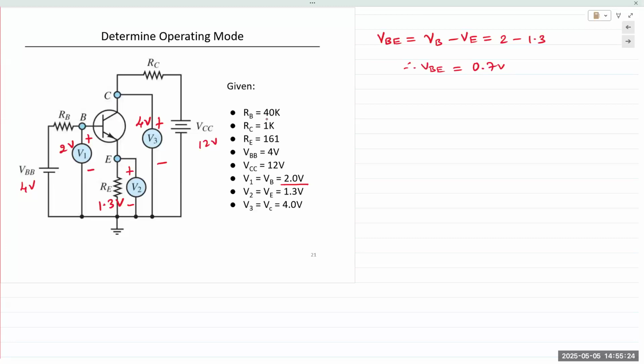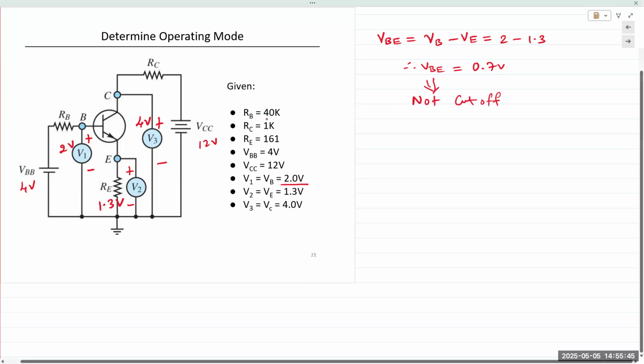If this was a PNP transistor, then it should be minus 0.7. And because it's 0.7, therefore, it's not cut off. Right? That's always the first step. Check the base emitter junction. If the base emitter junction is reverse bias, the transistor is off.